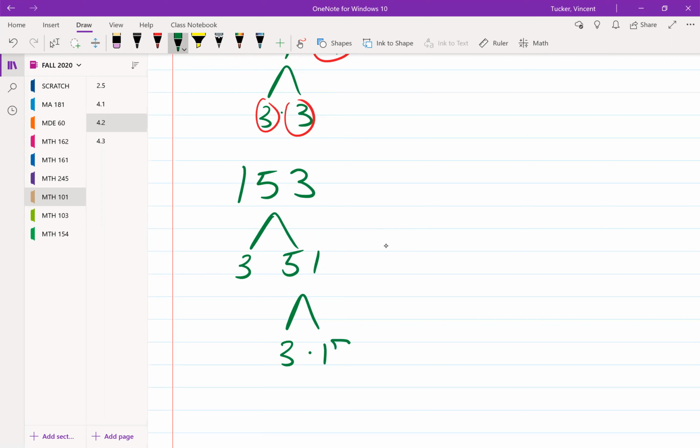And that's going to be 3 times 17. All of these numbers are prime. So it'll be 3 times 3 times 17, or 3 squared times 17.